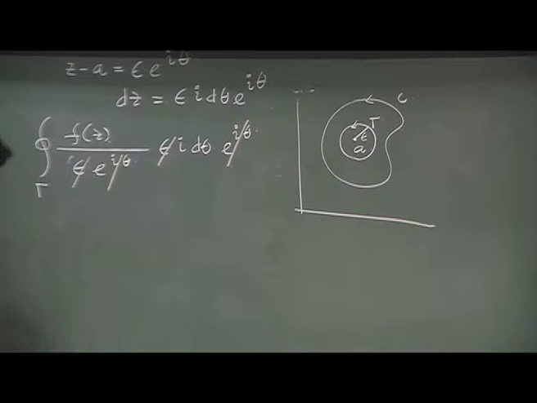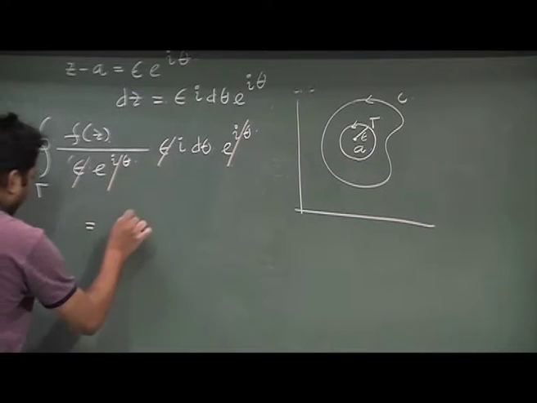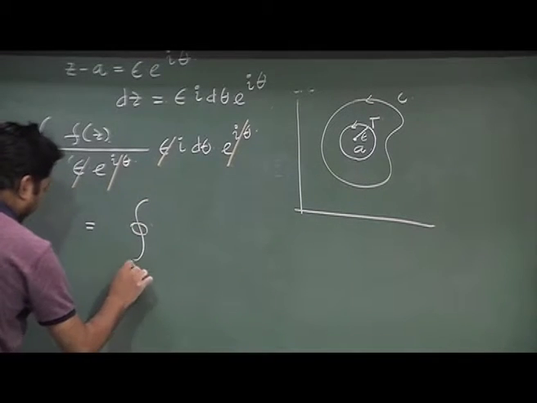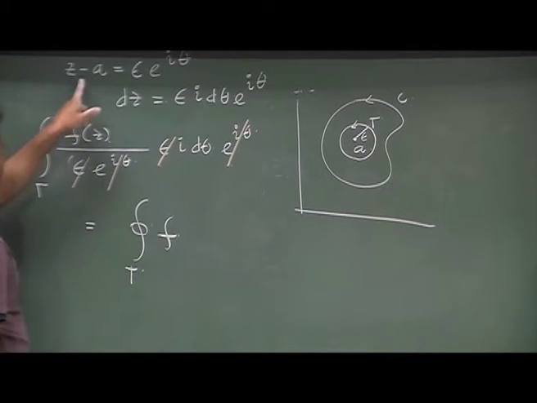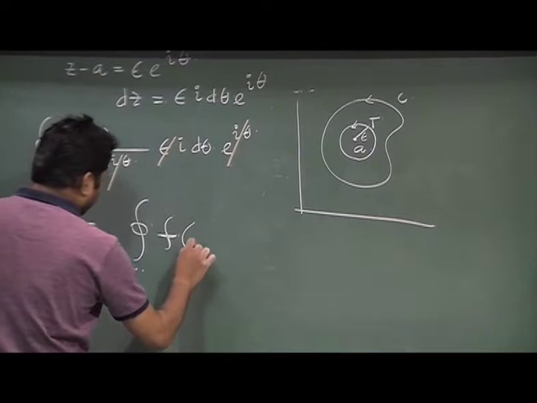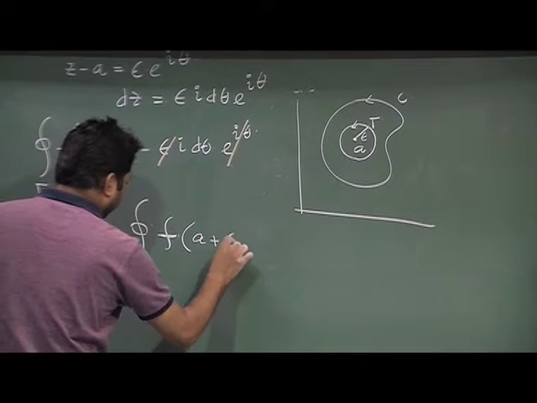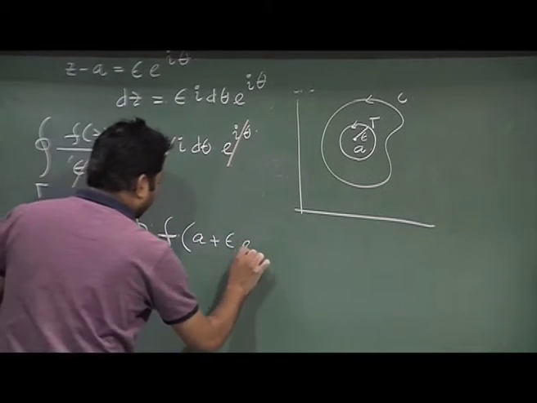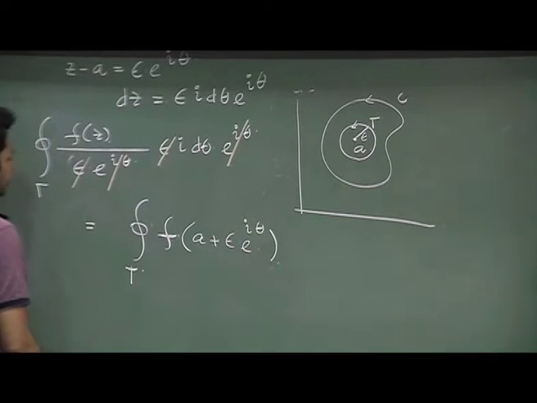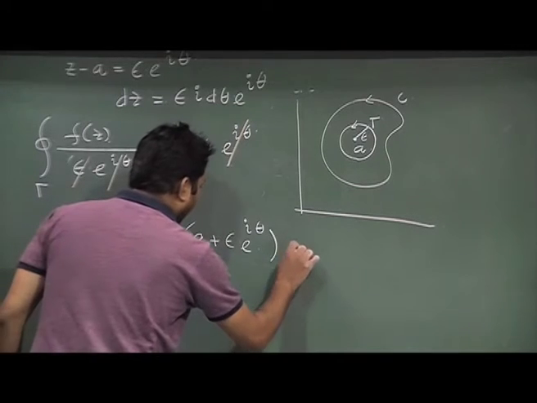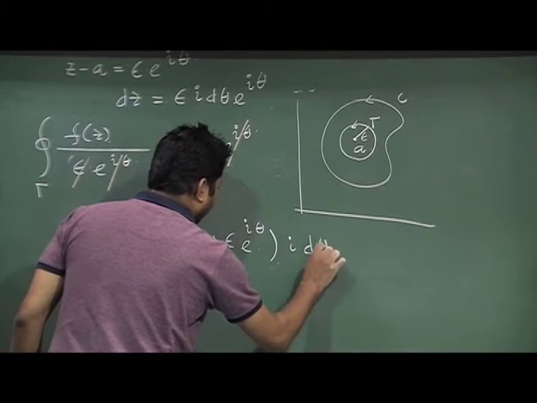What finally do we have here? f(z), since I put the value of z, is now f(a plus epsilon e to the power of i theta), then i d theta.